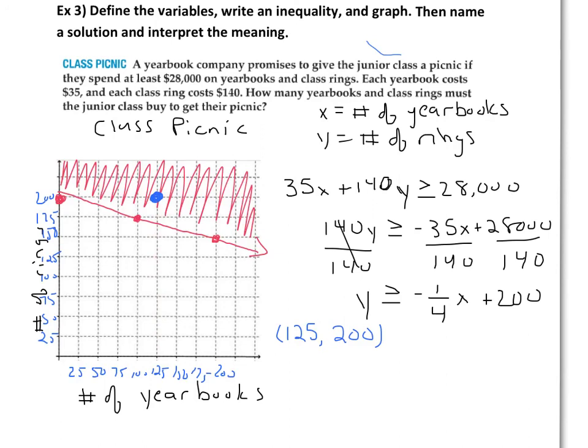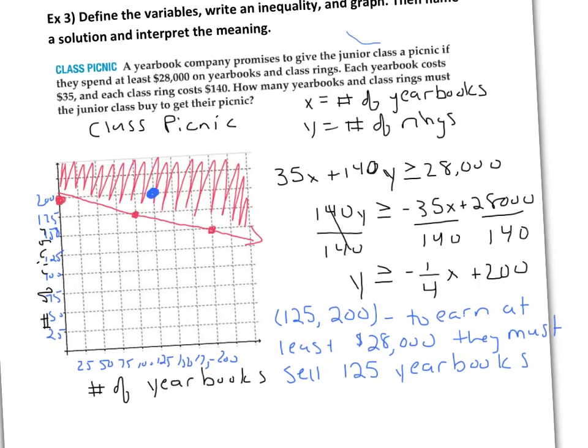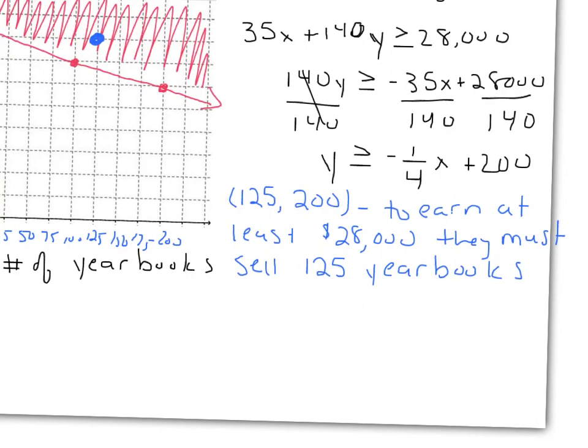So now, when it says interpret it, I need to write some words. To earn at least $28,000, we're talking about the junior class here, they must sell 125 yearbooks and 200 class rings.